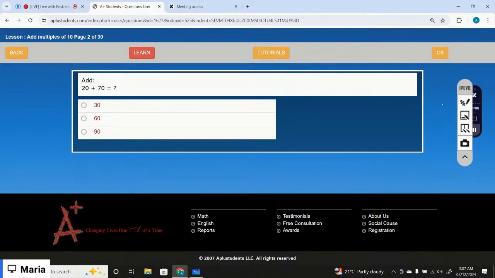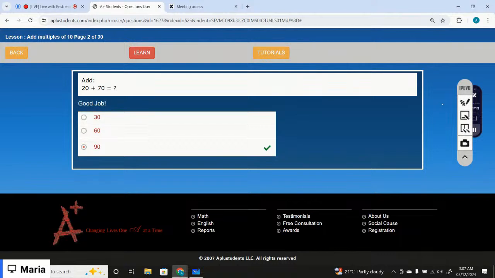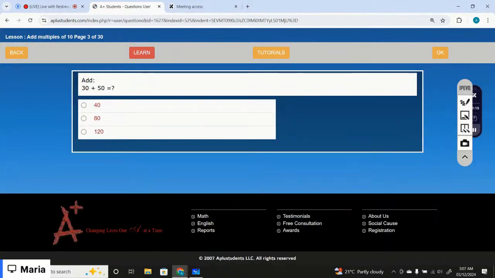Option number 3 is the correct option. 20 plus 70 is 90. 50 plus 30, which is the correct option?